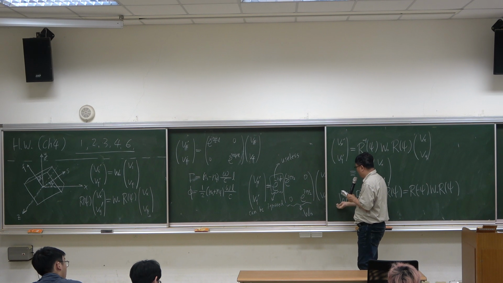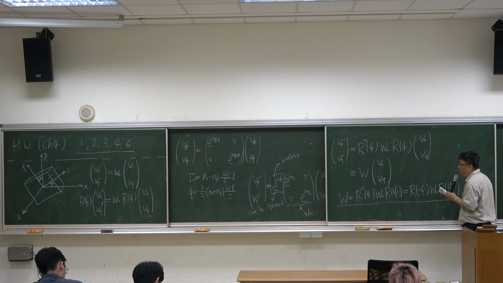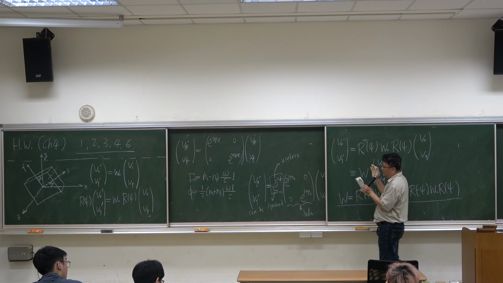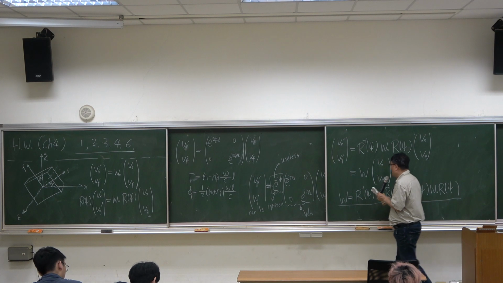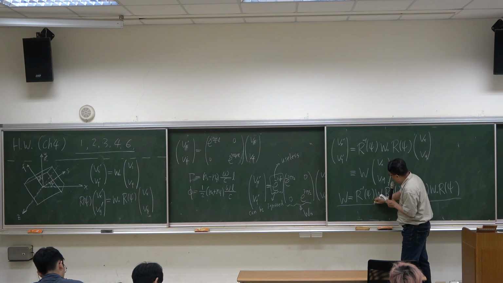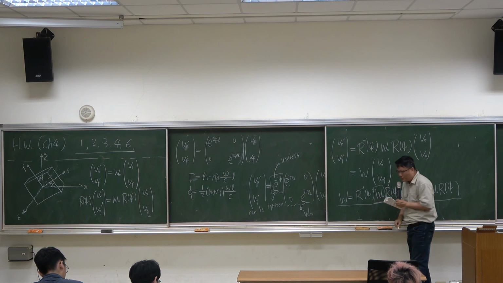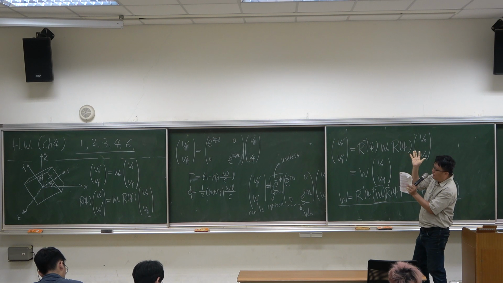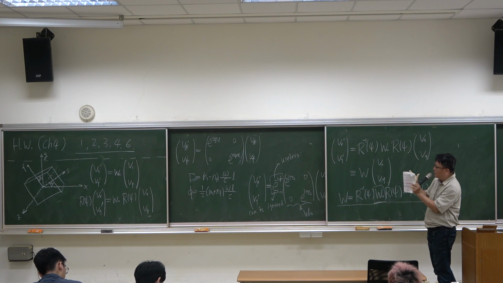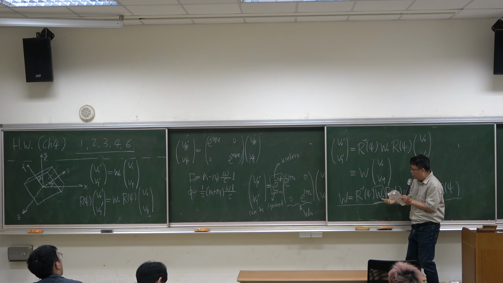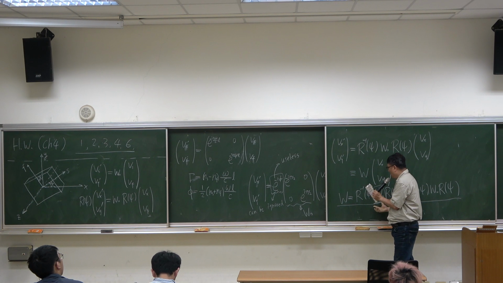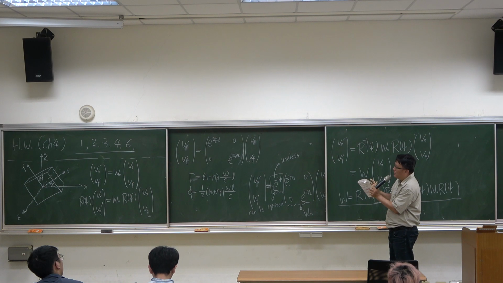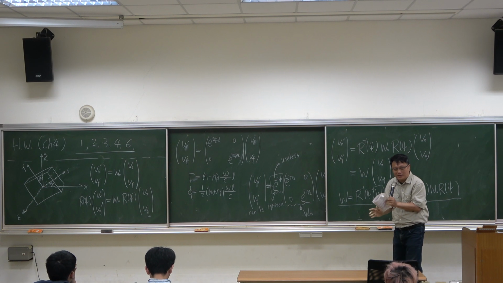So this W matrix represents the effect of this wave plate on the polarization state. Okay. In fact, the real effect comes from this W0. If we use the slow, fast coordinate axes, the result is very simple to predict because for these two polarization directions you get two different phases.